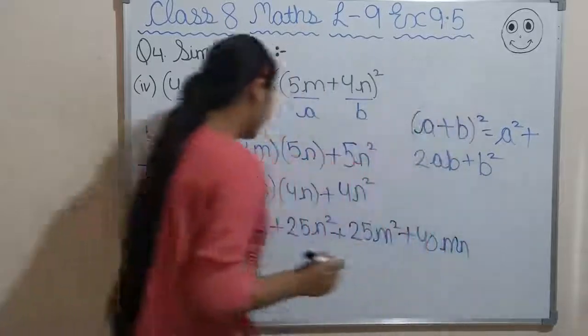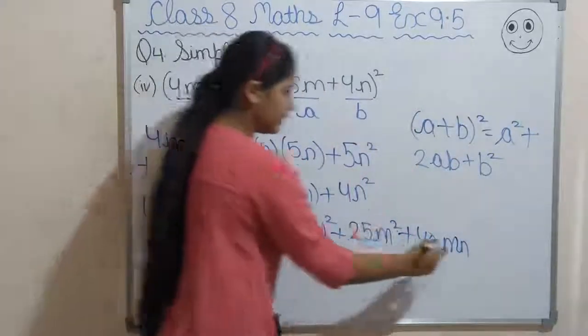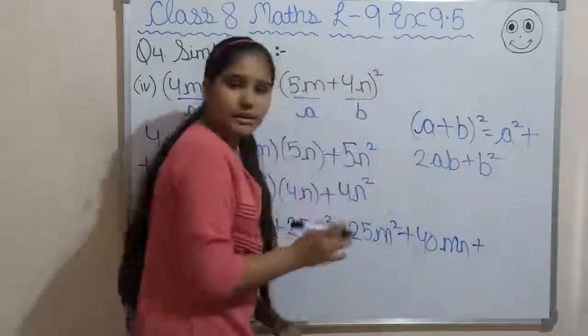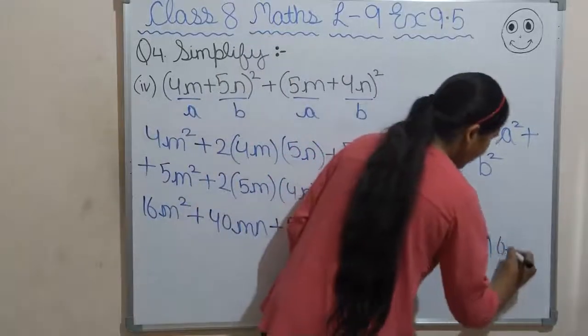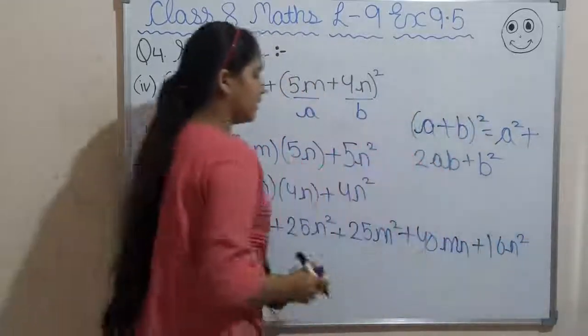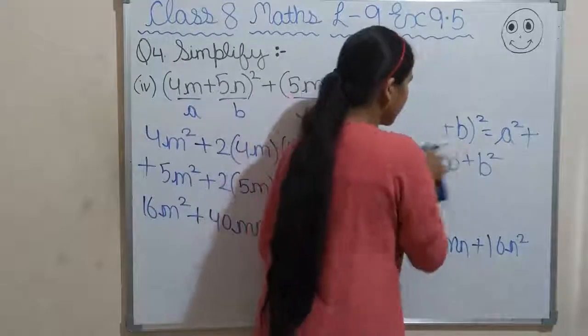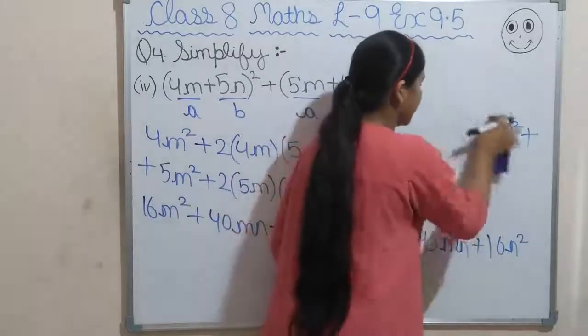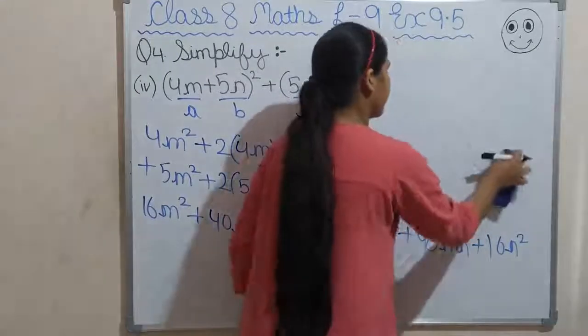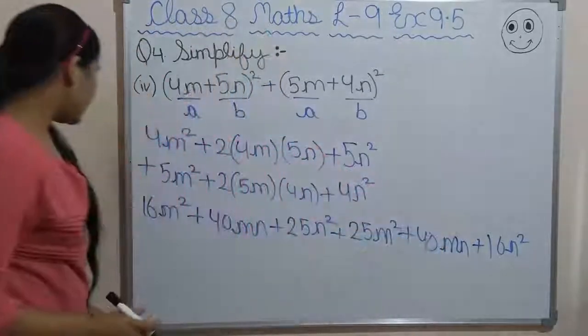Then plus as it is, then 4n square, 4 4s are 16n square. Now there is no need for this property because we have already written this. Now we can solve it.